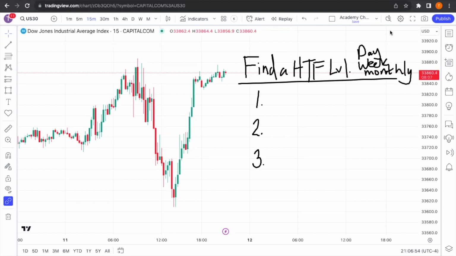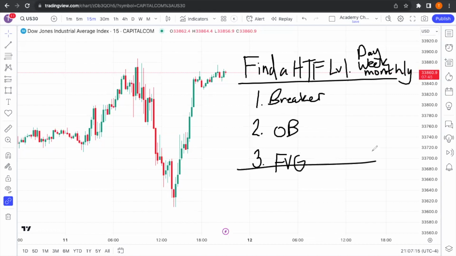Now, if you have a higher time frame, daily, weekly, or monthly level, then this is your entry model. And the entry model is 3 steps. You have your breaker, you have your order block, and you have your fair value gap. And you can't have a high probability order block without a fair value gap.